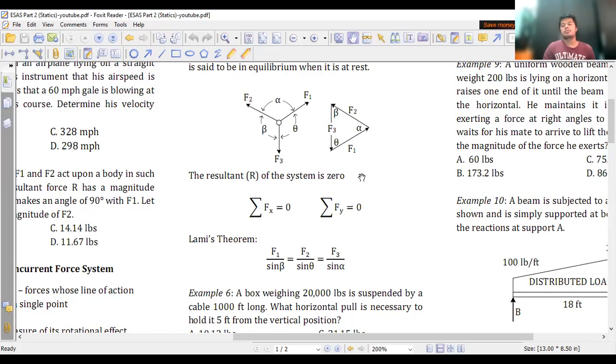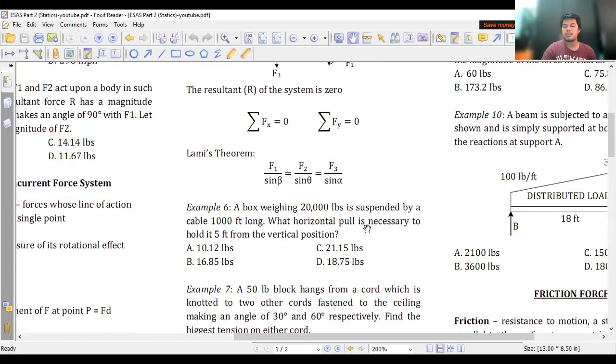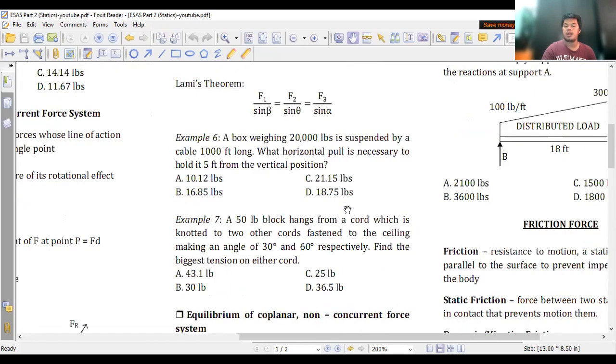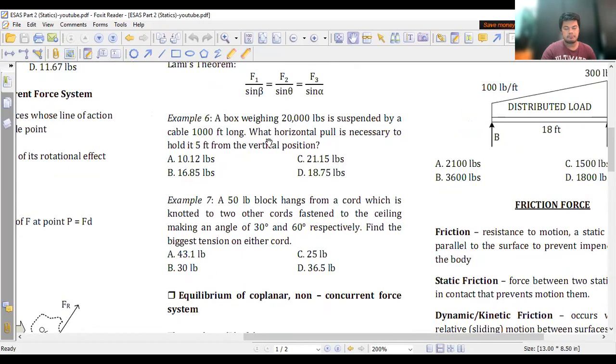So just use the concept that the net force is zero, or we can make use of Lami's theorem, which is a shorthand method in solving problems in statics under equilibrium. Anyway, let me show you some examples on how we can make use of this theorem. We have two examples for this, example number 6 and number 7.